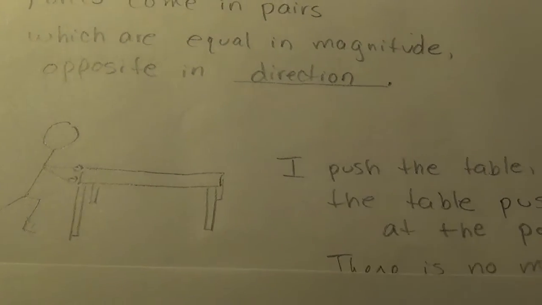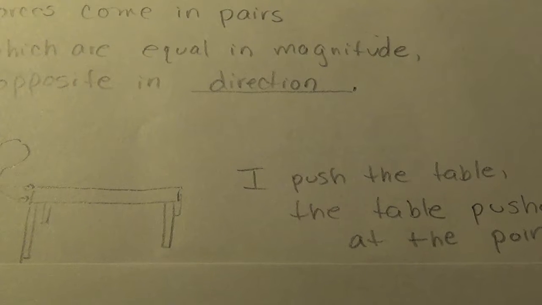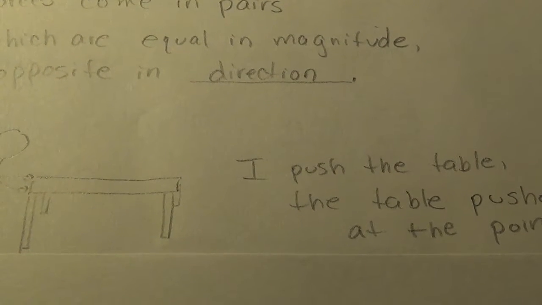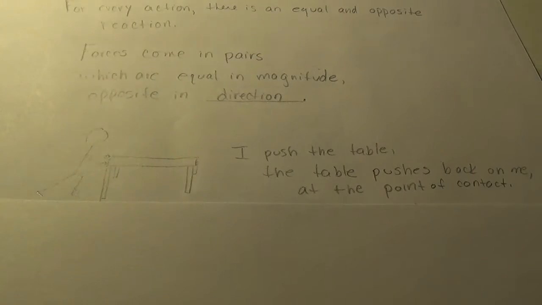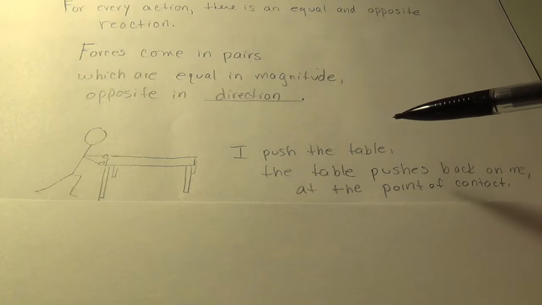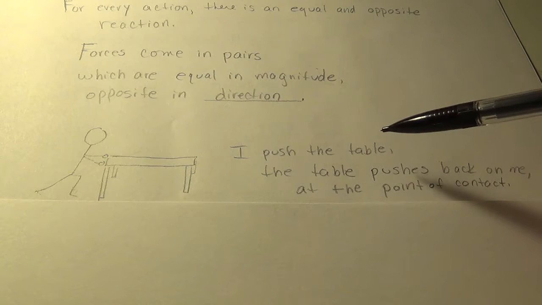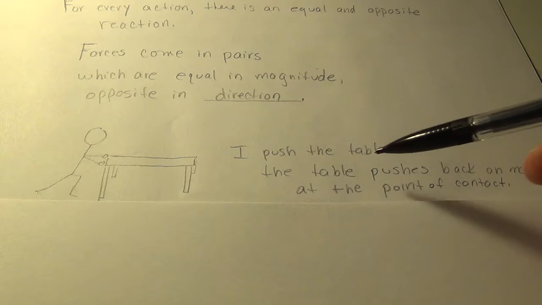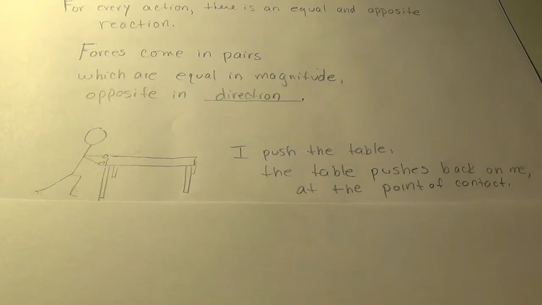So let's talk about what it doesn't mean, because sometimes that helps us understand a little more about what it does mean. So say we have this little guy pushing a table, and say I push the table and the table pushes back on me at the point of contact.